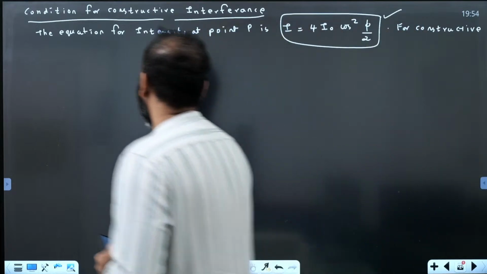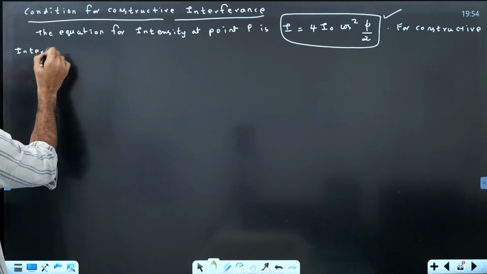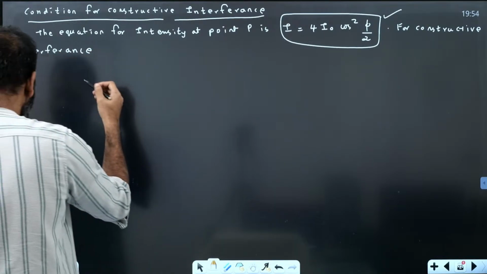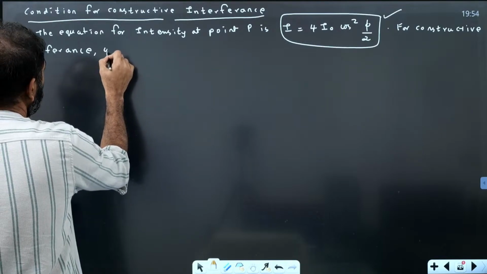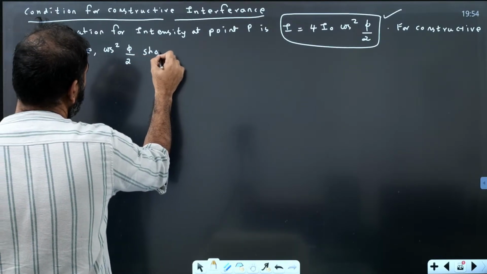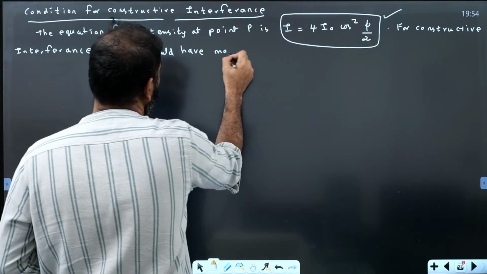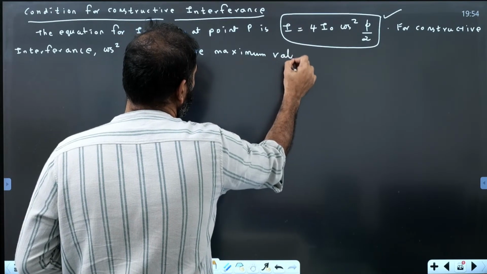Maximum amplitude. For constructive interference, cos square phi by 2 should have maximum value.